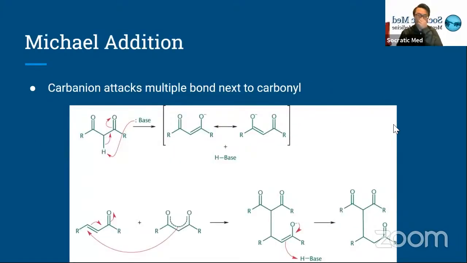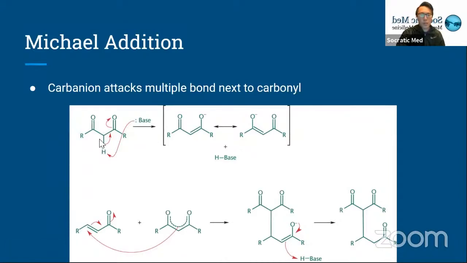The first reaction involving an enolate is called the Michael addition. This is when the carbanion attacks a multiple bond next to the carbonyl. You deprotonate the alpha carbon because of the acidity of the alpha hydrogen.